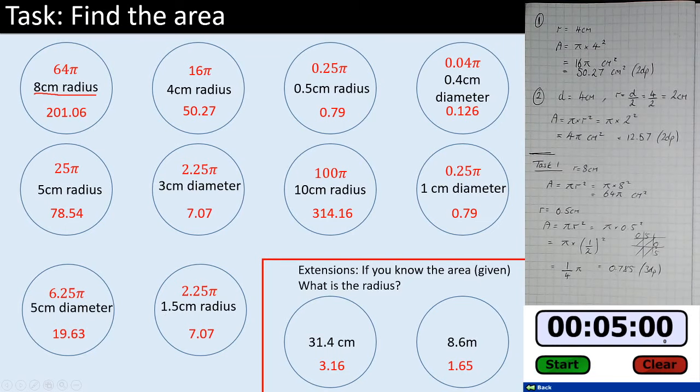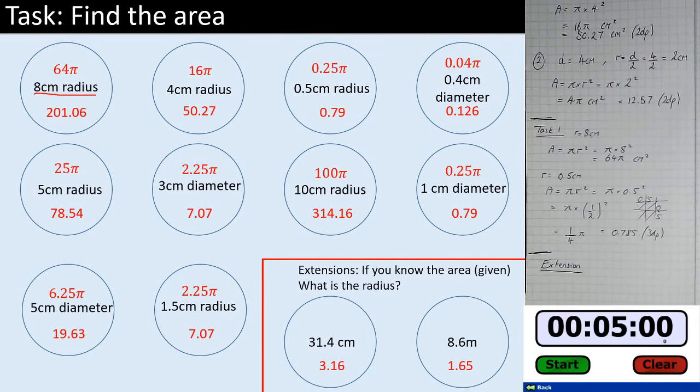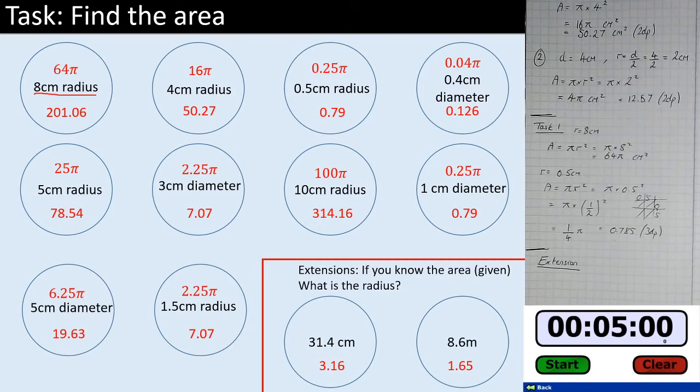Now, last thing for this video, okay, is the extension ones. Now this is quite a step up in terms of how we use our formula, but it's a really interesting way of stepping up your level of maths that little bit. We know that the area of a circle is equal to pi times radius squared.